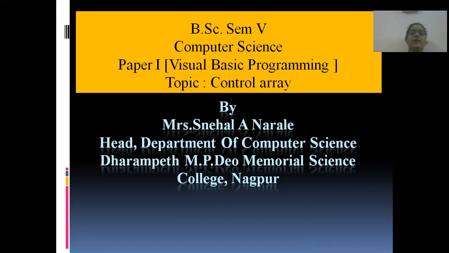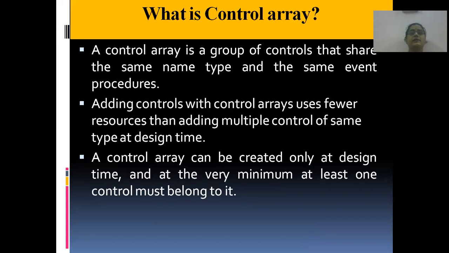So in Visual Basic, what is the concept of control array? A control array is a group of controls that share the same name, type, and the same event property. Whatever control array we create in Visual Basic has the same name and the same event property. That is the control array.